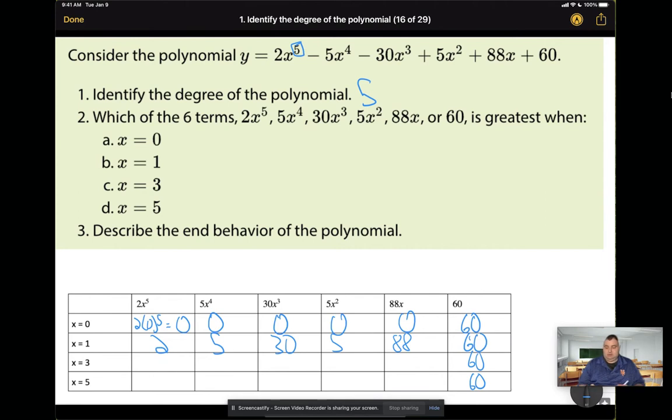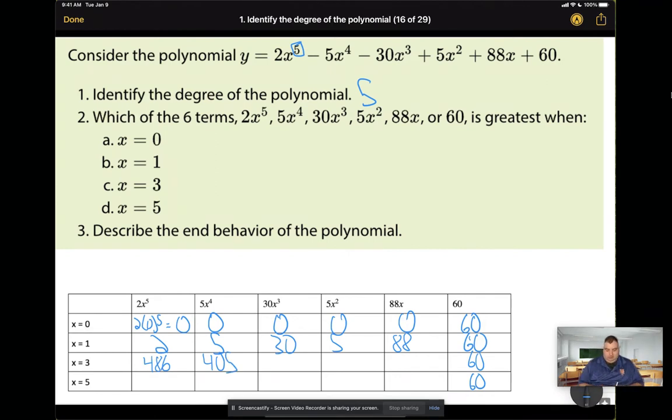For x equals 3, now I need to do 2 times 3 to the power of 5, and I got 486. And then next I'm going to do 5 times 3 to the power of 4. 5 times 3 to the power of 4, I got 405.